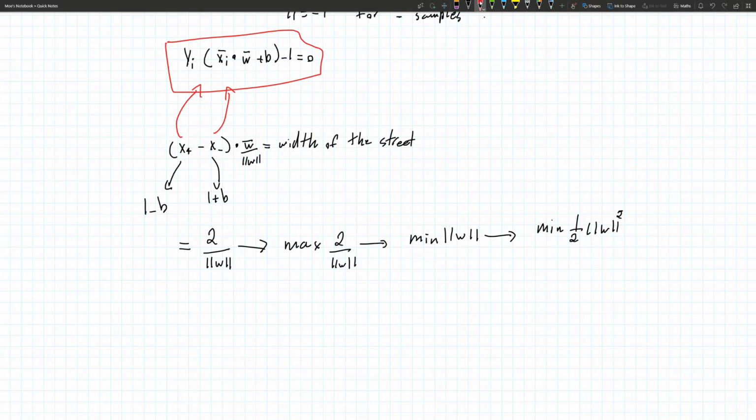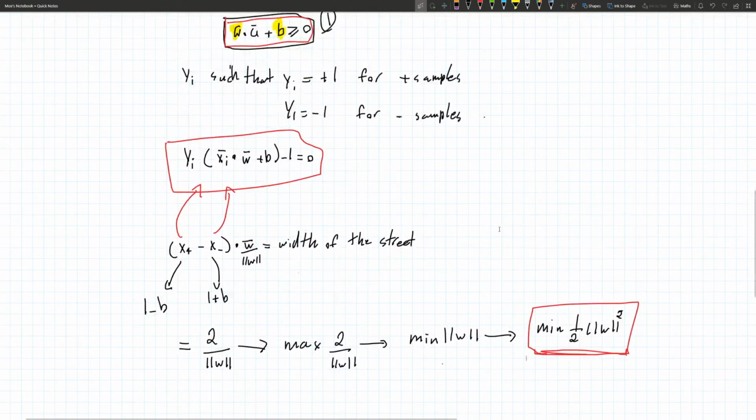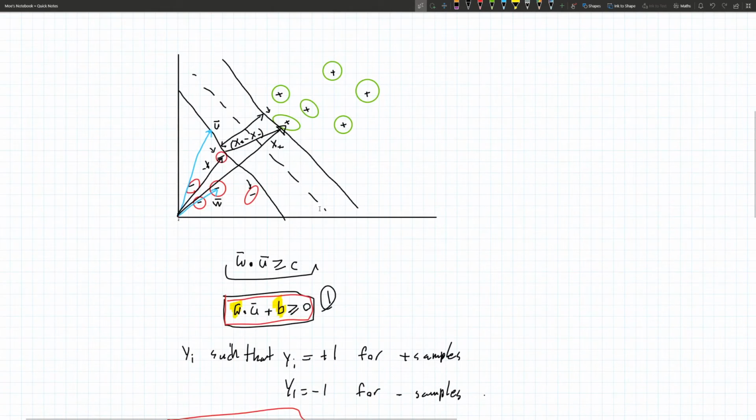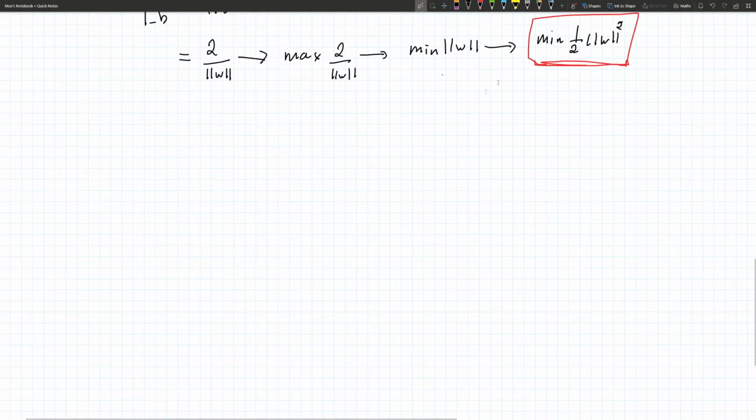This step is just for mathematical convenience. So this is what we need the extremum of. If we maximize the value, we maximize the width of the street.